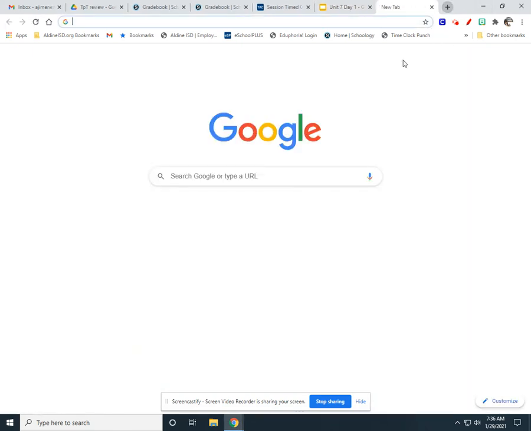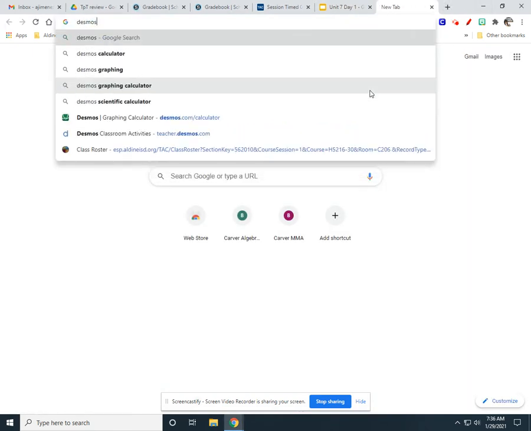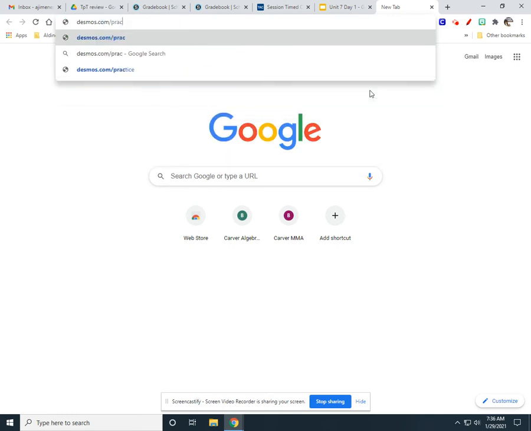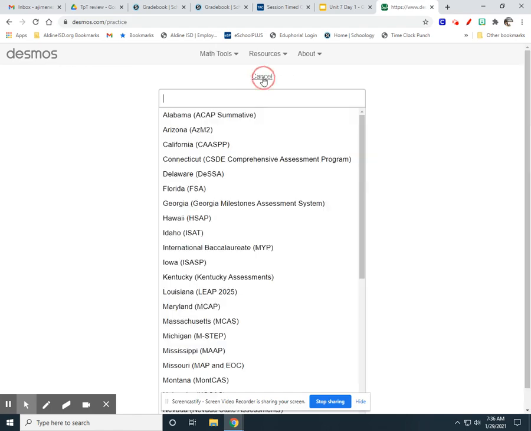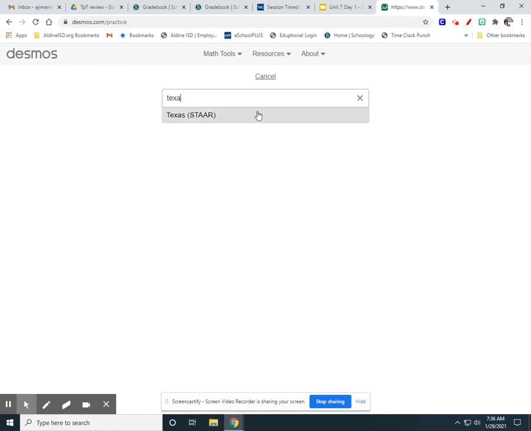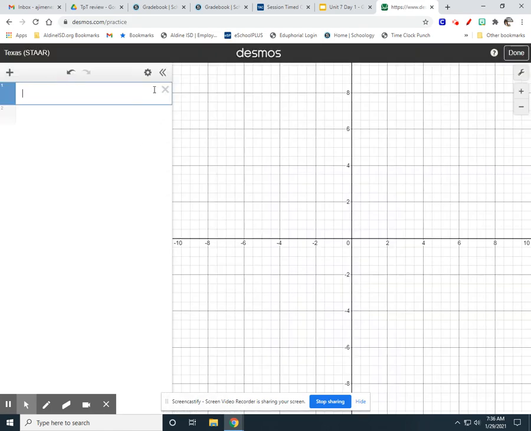Let's do the practice Desmos. Okay, 5. You hit the shift and 6, and you put 0. That's 1.